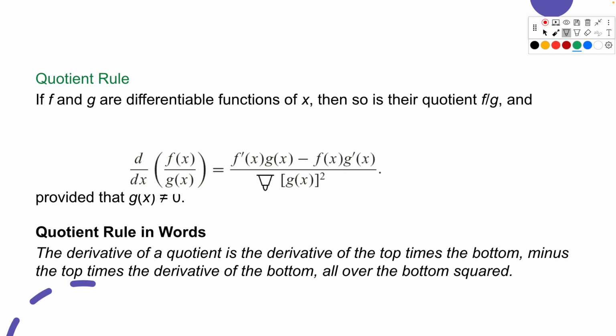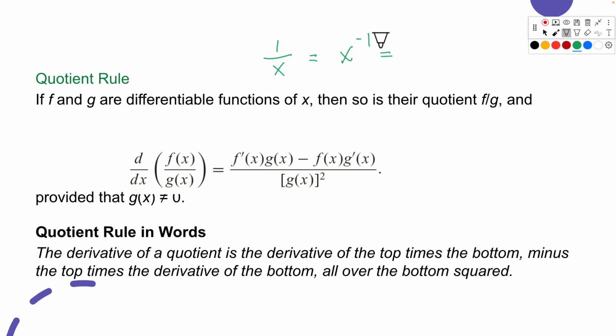Question? No? Okay. I don't want to miss anything. Quotient rule is very similar, but let's think about this. Quotient rule is because we had something in the denominator. When we had something in the denominator, how have we been treating this when we take its derivative? We rewrite it as a negative exponent, right? So the denominator has a negative that comes up.